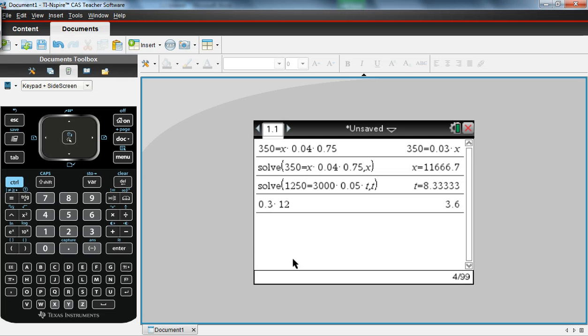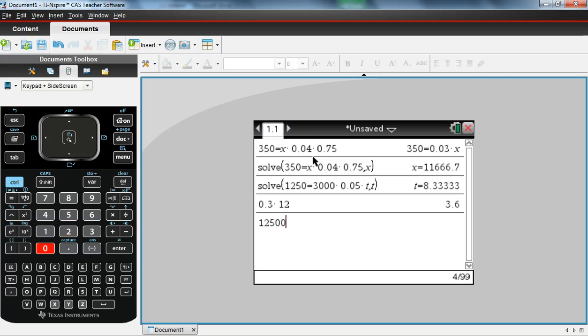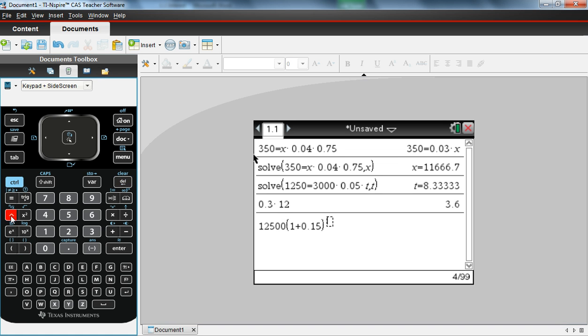So if we come across here to our calculator, we type 12,500, bracket, 1 plus 0.15, and then we have to use this button here, and the time was 7, and we hit enter.